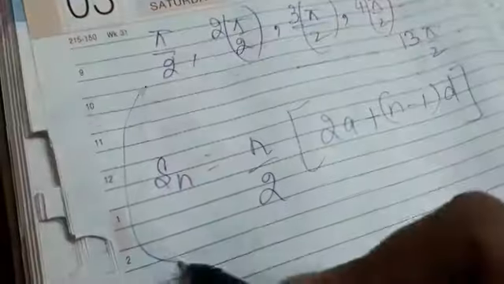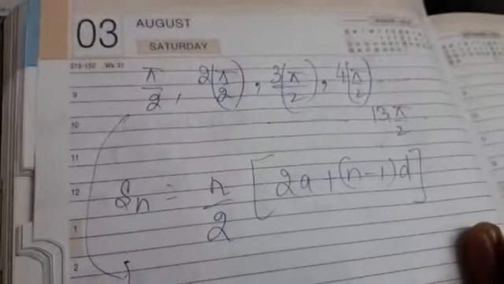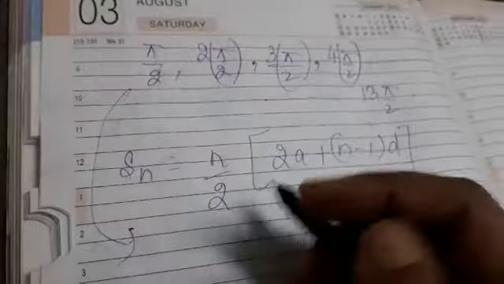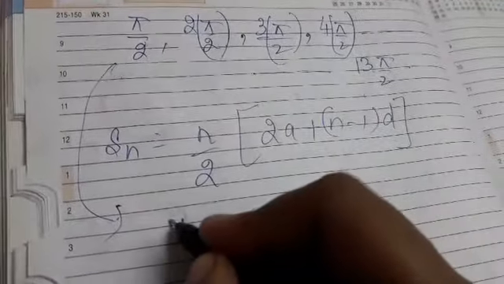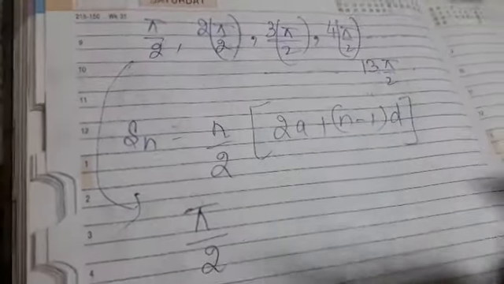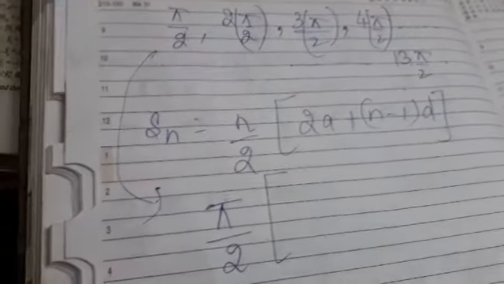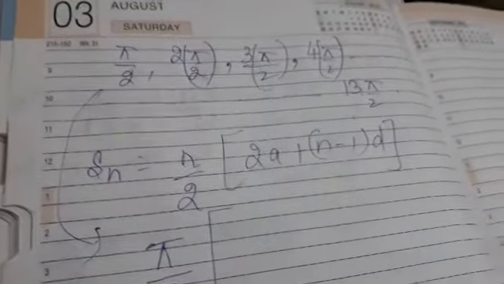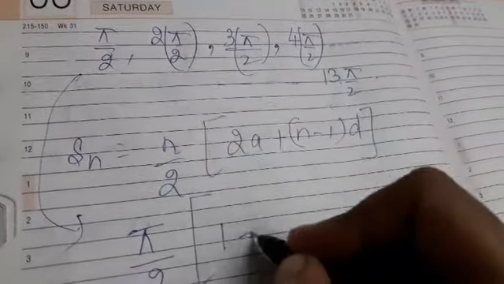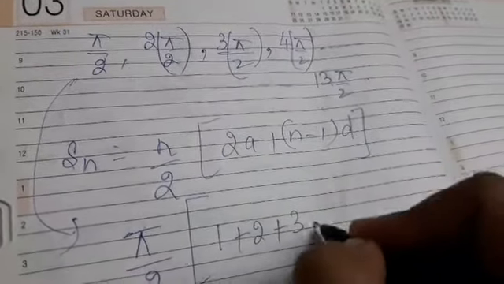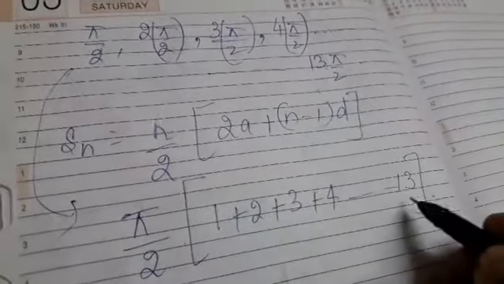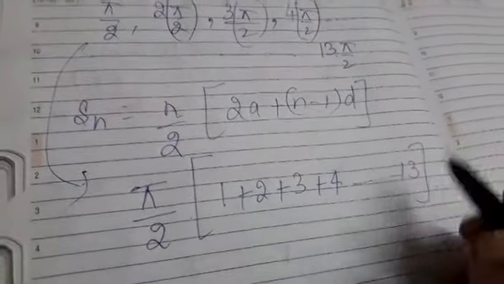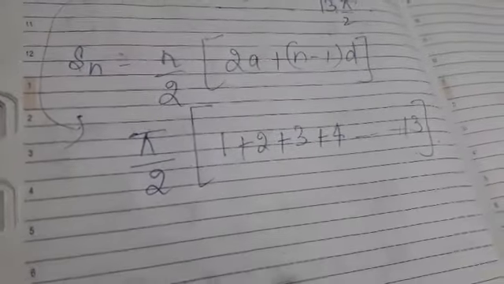Coming to the series, if I take pi by 2 common, I will have the series as 1 plus 2 plus 3 plus 4 and so on. It will go to 13. Okay, so total number of terms are how many? 13. So let's apply the formula now.